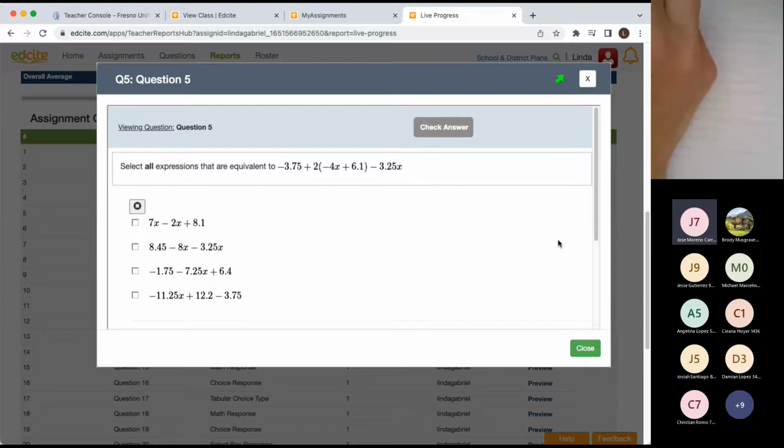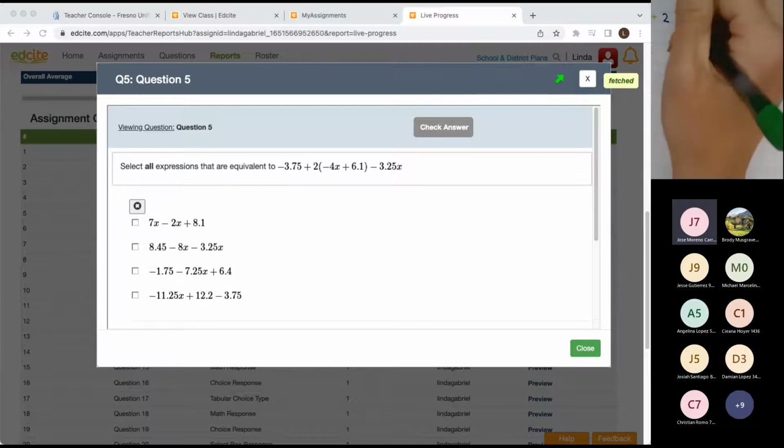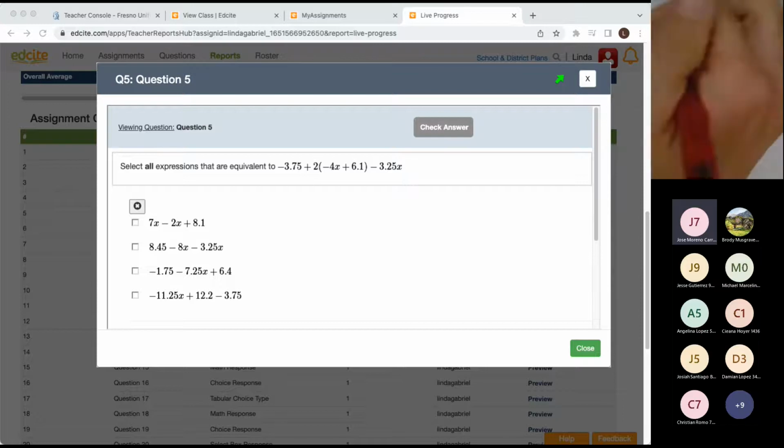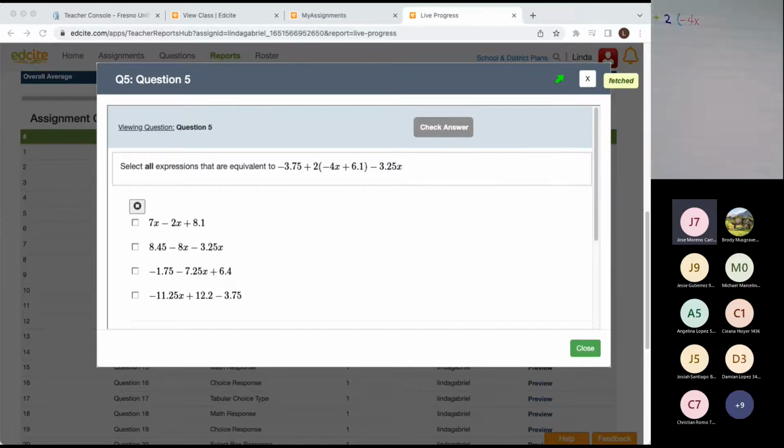I have negative 3.75 plus 2, parentheses, negative 4x plus 6.1, close parentheses, minus 3.25x.